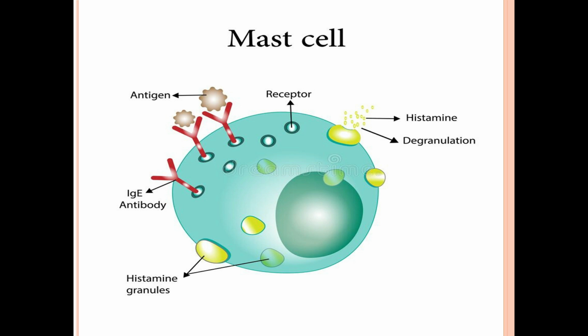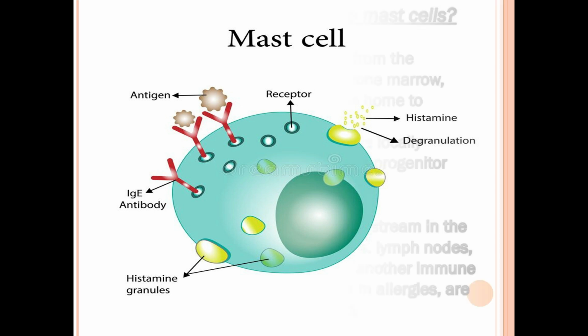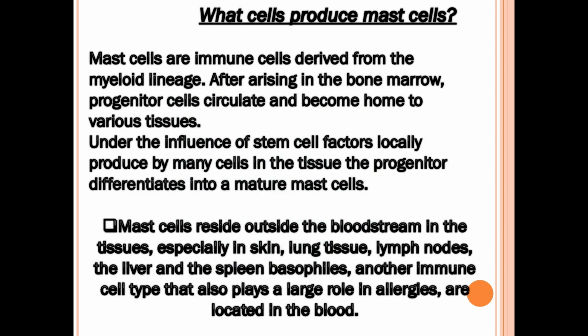Mast cells are about 10 to 30 micrometers in diameter, and they have a polymorphous nucleus. The cells are similar to basophils of the blood in appearance and even in function. The mast cells were discovered by Paul Ehrlich in the year 1877. These are associated with the allergic response.